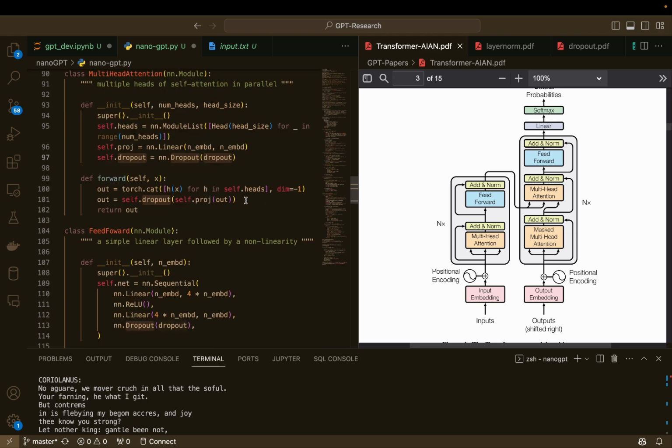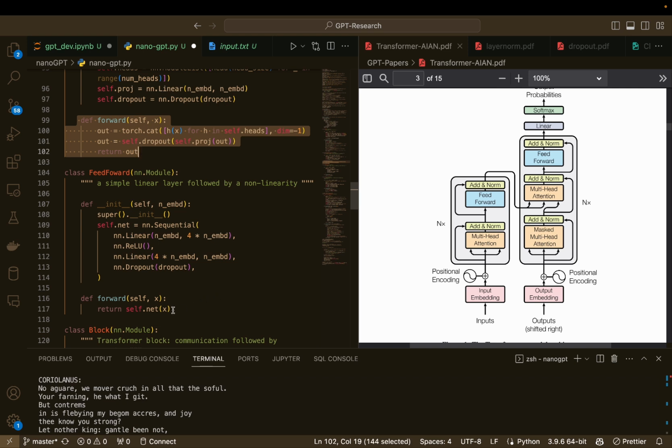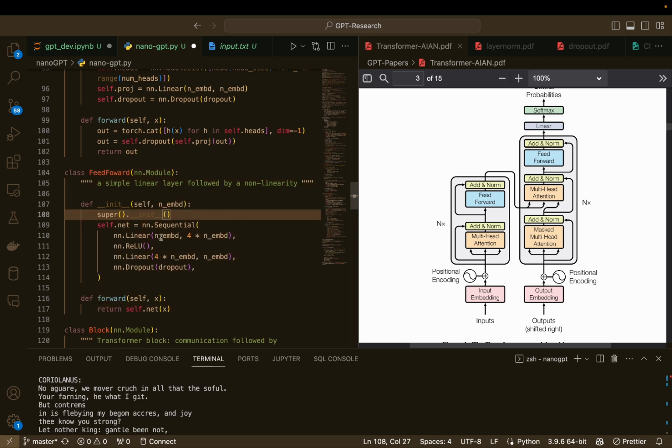And then we have our forward pass, as you can see here. Now he introduced one simple feed forward layer here, which is this one. So inside of it, we basically have a simple layer that is the number of embeddings multiplied by 4 times the number of embeddings.